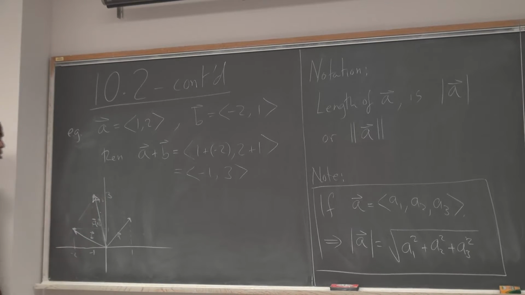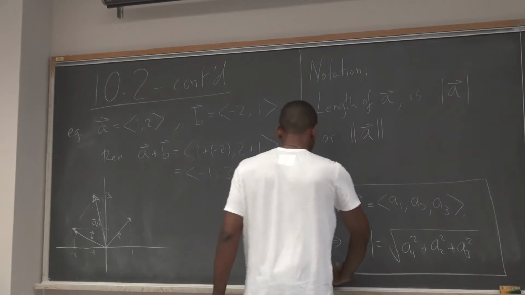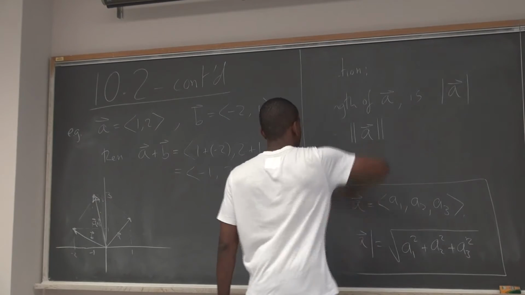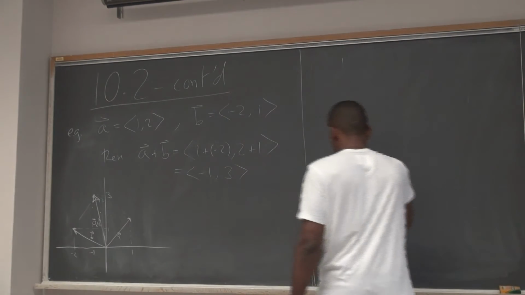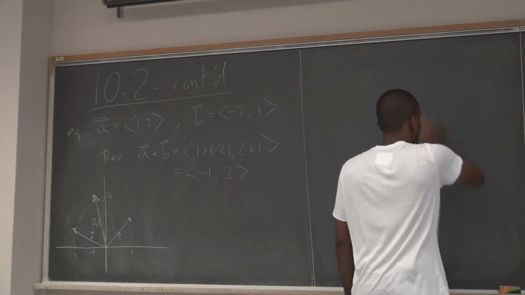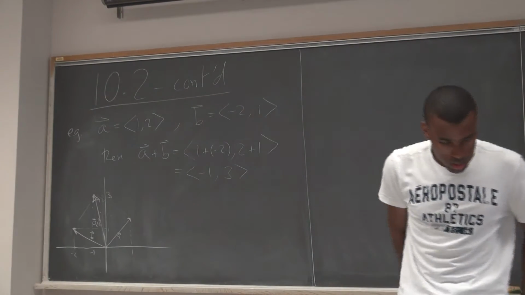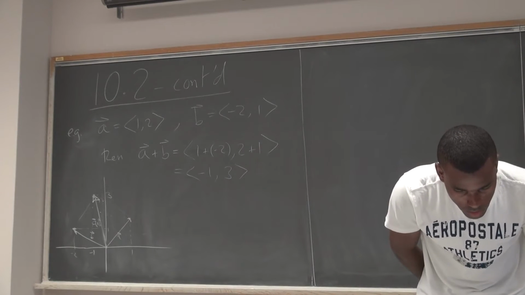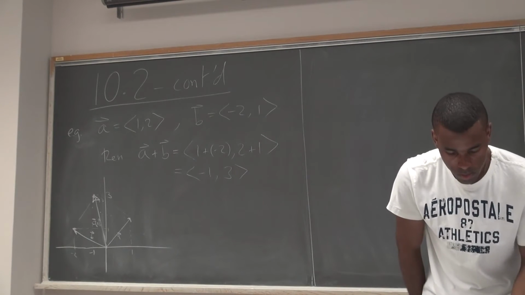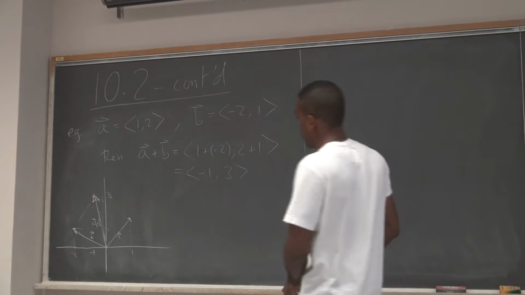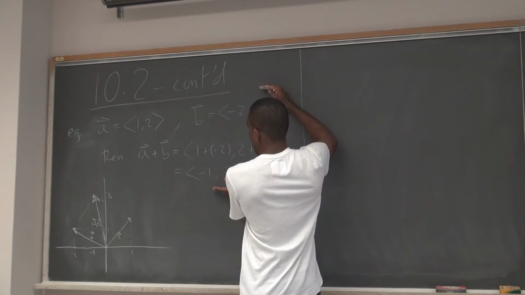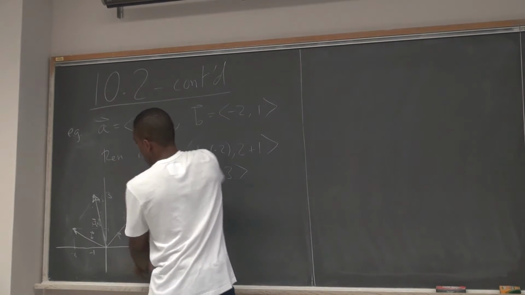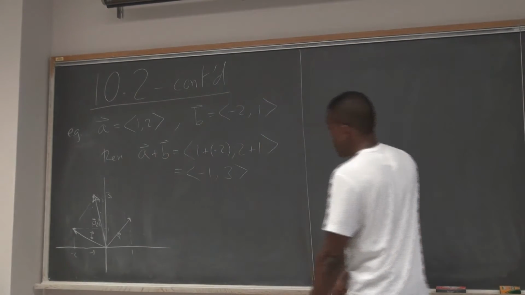So this will be at 3 now. Any questions on that? So algebraically, this is what happens. Geometrically, this is what's happening. The picture will match what's going on algebraically.